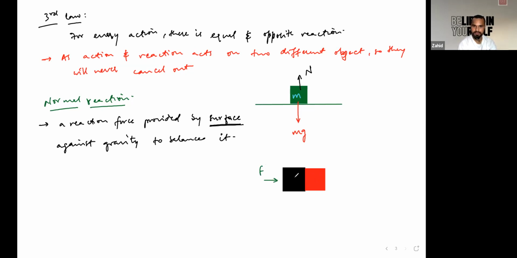This interaction, when this block provides force to this block, is called the action provided by this block to this.